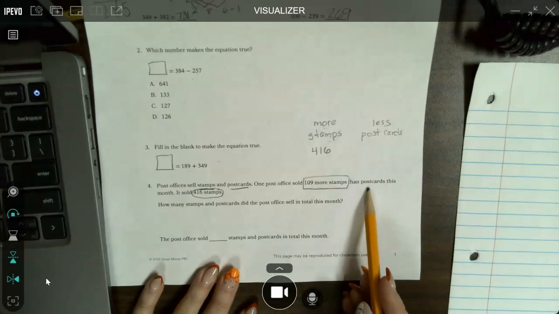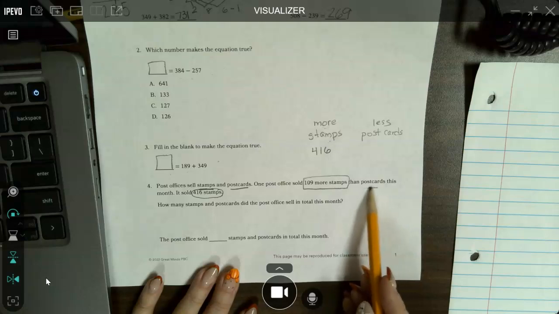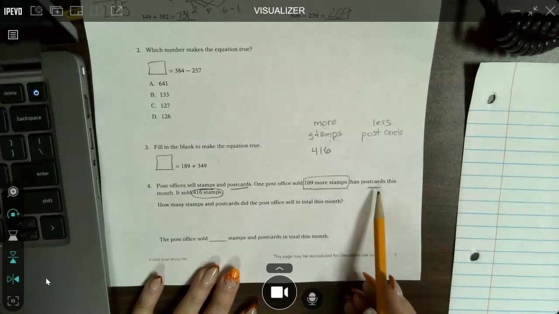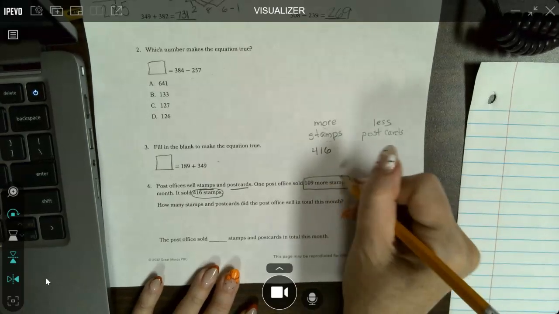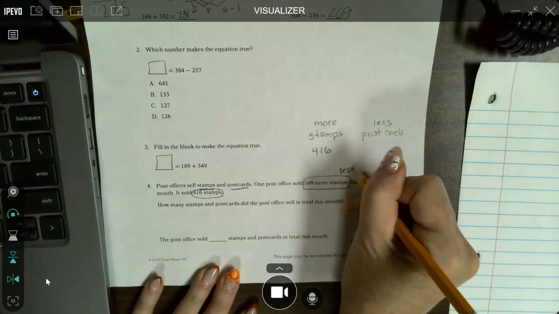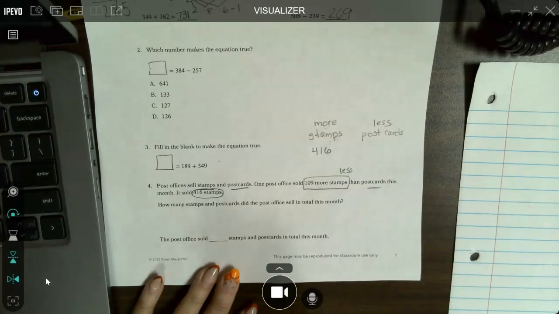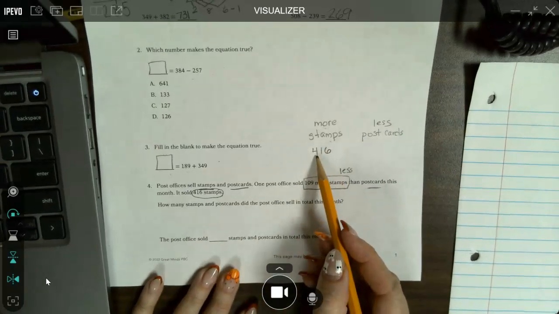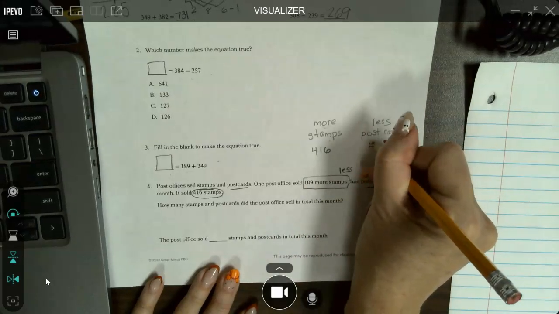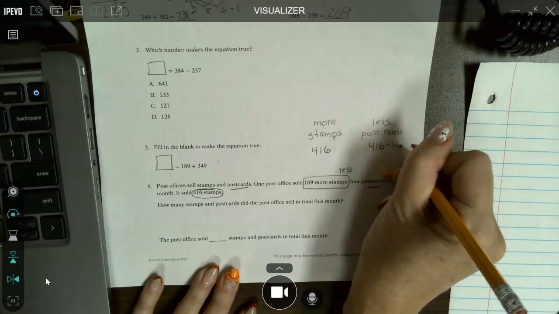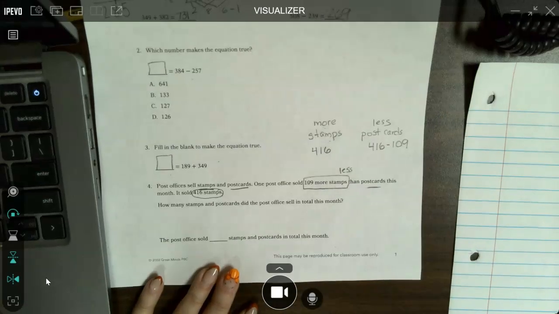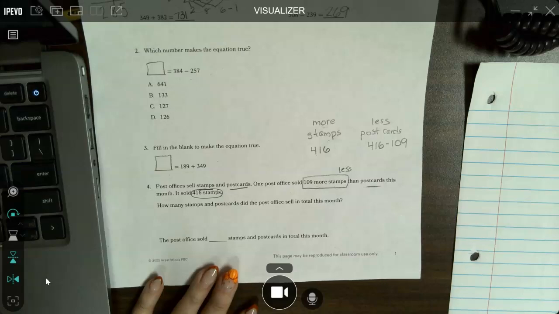More than postcards. That means postcards have 109 less than stamps. If stamps sold 416, then postcards are 416 minus 109. It's tricky, but that's the way they word these problems.